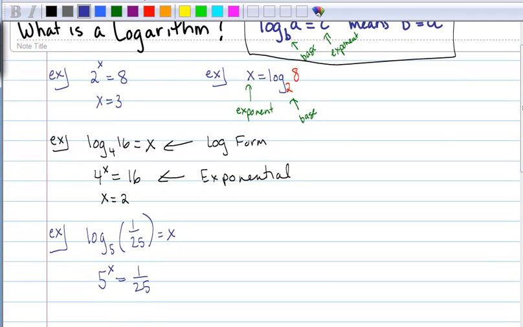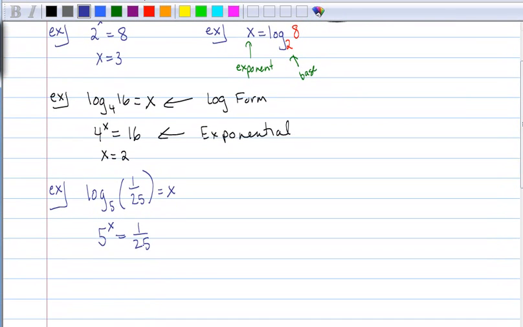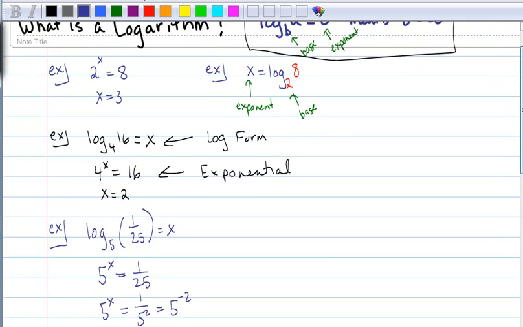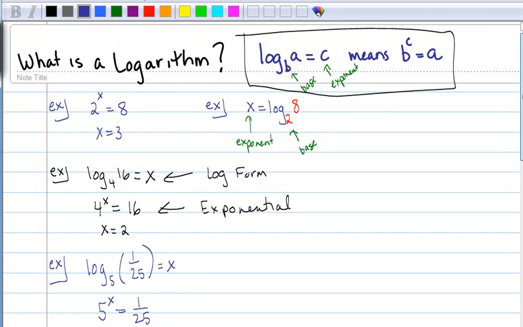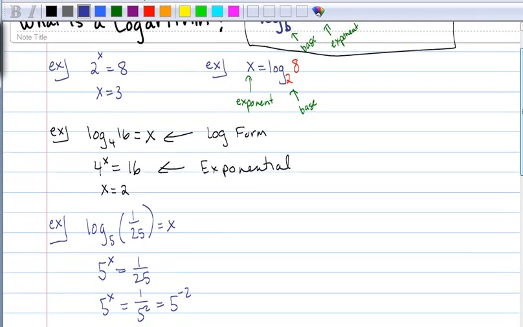Because 5 to the negative 2 means 1 over 5 squared. In fact, you can change the 25 to 1 over 5 squared, or you can change it to 5 to the negative 2. So you can see that x is going to be negative 2. If you plug in a negative 2, that would be 1 over 5 squared, which is 1 over 25. So that is that example.